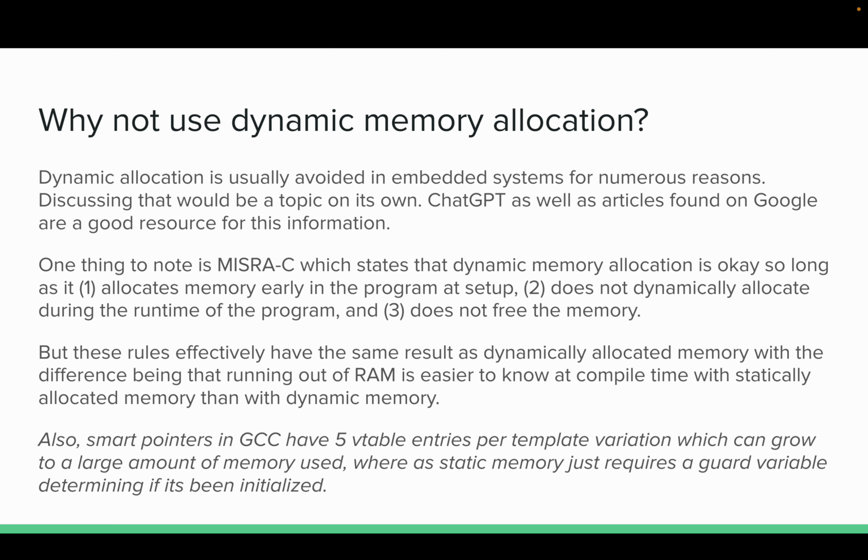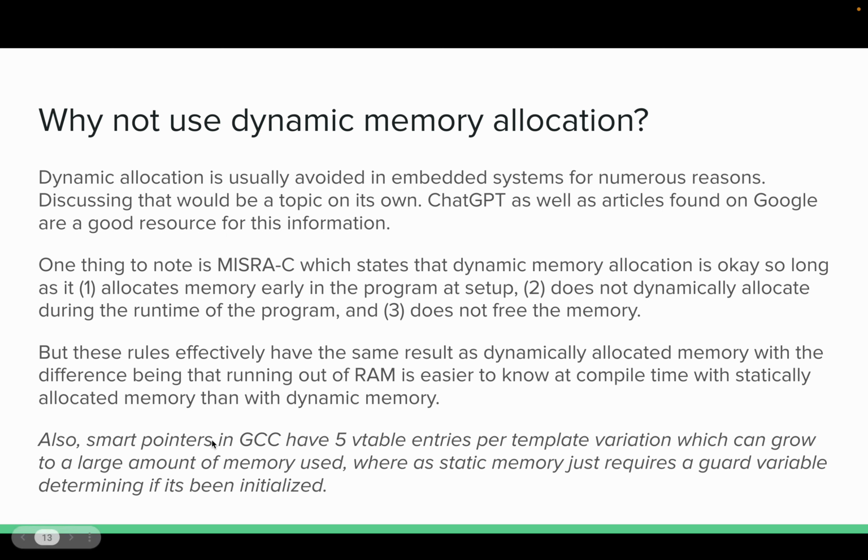You have to run it to get there. Whereas with statically allocated memory, it will tell you at compile time if you ran out of memory. You would also be able to see the percentage of data that's used up, as well as how much you'd have for stack. So you'd be able to look at this at compile time without even having to run the program and see if you're in a bad spot.